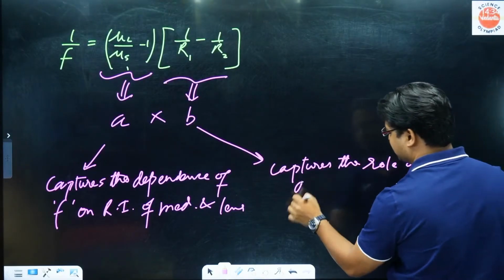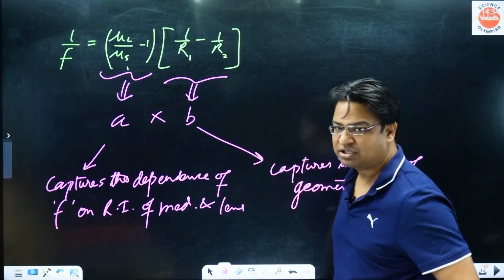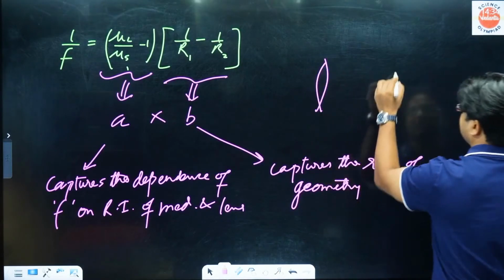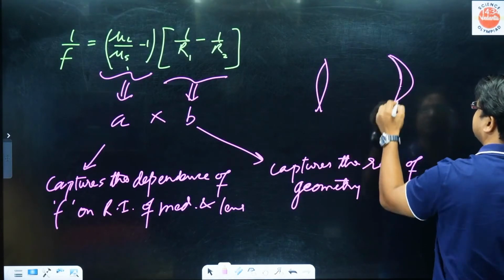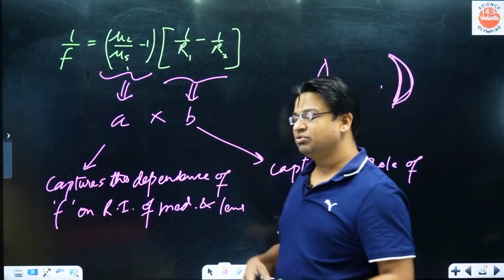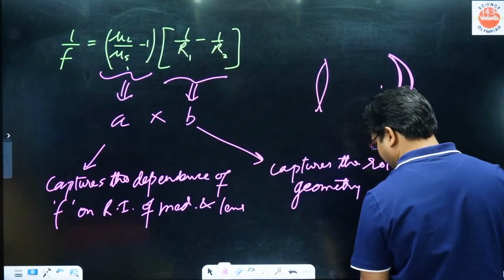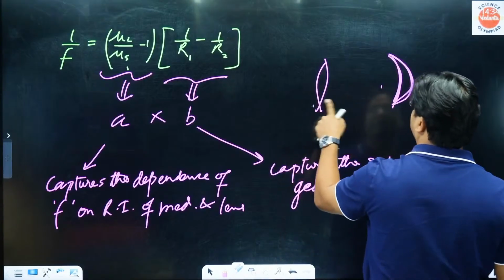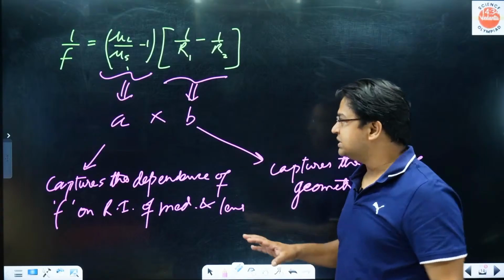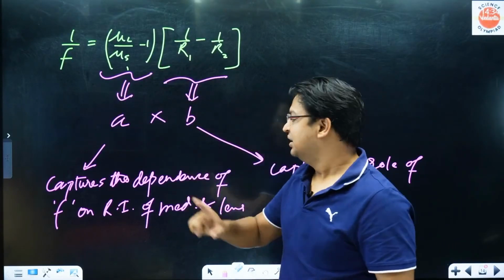When you change the shape of lens or the size of lens, R1, R2 will change, and the sign of R1, R2 will change. For example, when you change a biconvex to, let's say, this one, you notice that R1 is negative and even R2 will be negative. So when you change the shape or the geometry, the signs change, the values change, and therefore the focal length changes.